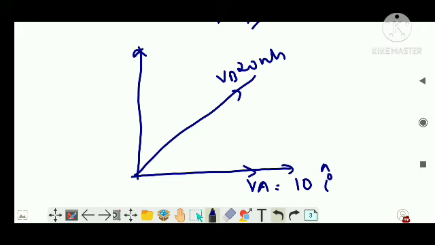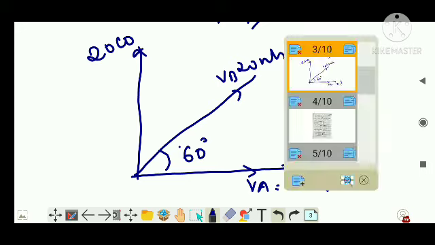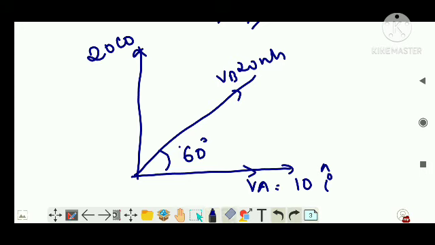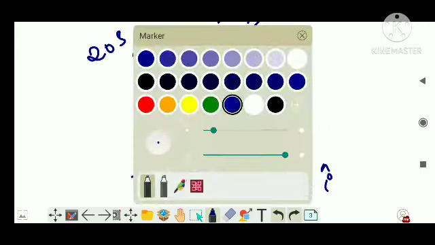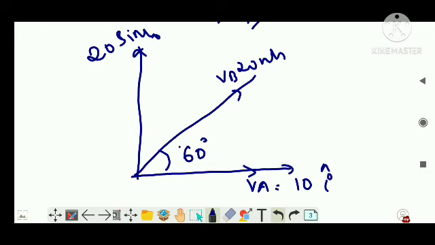VB has actually two components. How would I write it? This is 20, and this is 60 degree. So it is not cos, it becomes sine, because this becomes a vertical component. This becomes 20 sine 60, and this becomes 20 cos 60. But here the entire thing is in i or j form.